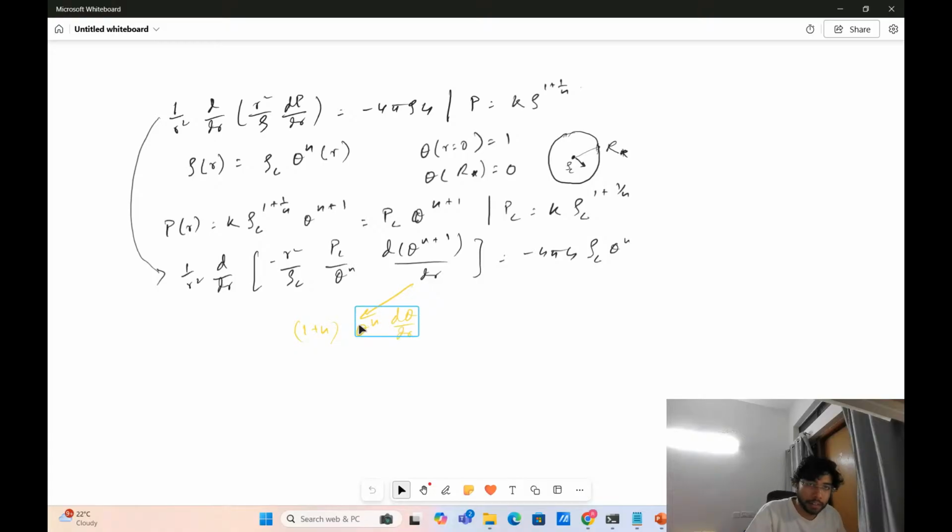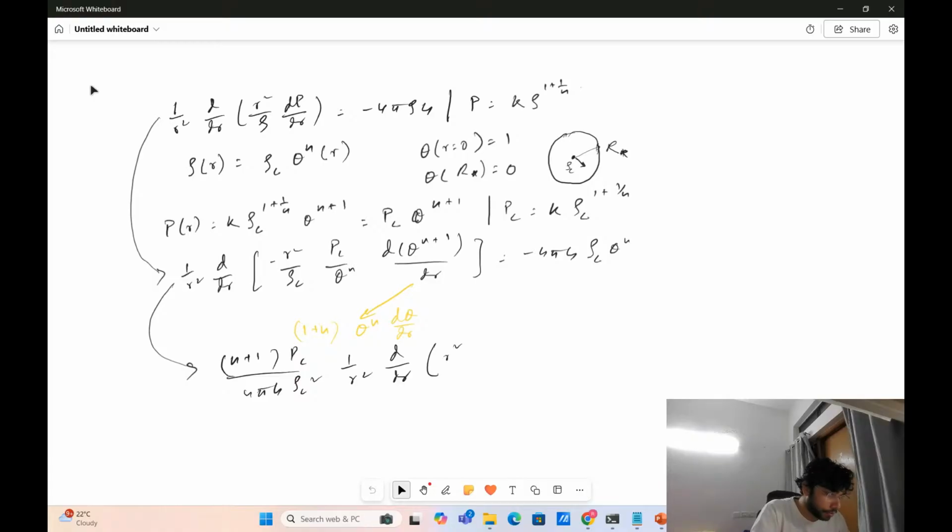So if we just replace this term over here, again we'll get from this equation n plus 1 pc over 4 pi G rho c square. This rho c and pc are all constants. So we are just taking the constant out of the different derivatives, and then this will reduce down to this thing, equals minus theta to the power of n, right?